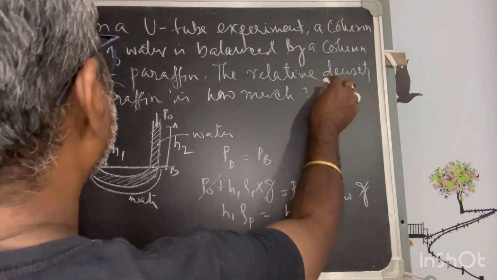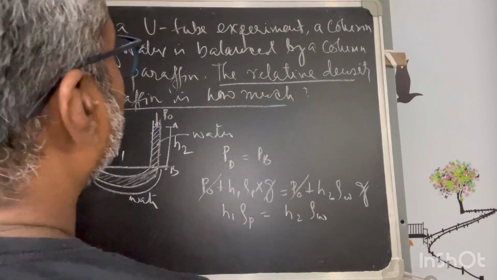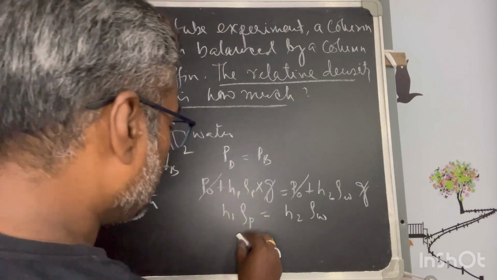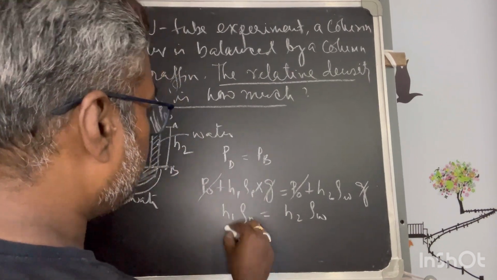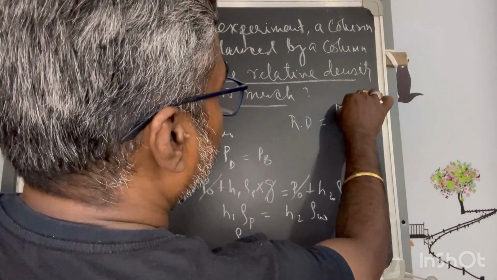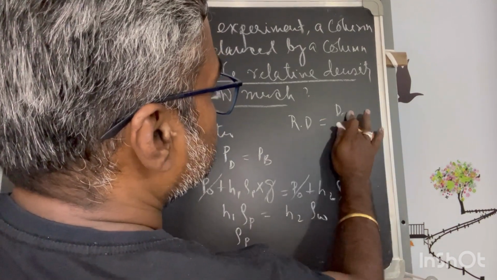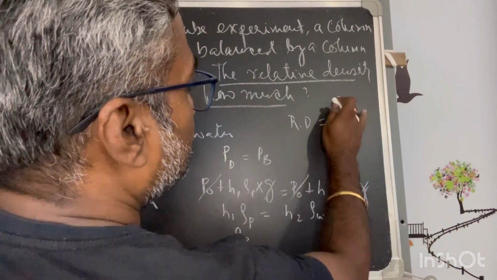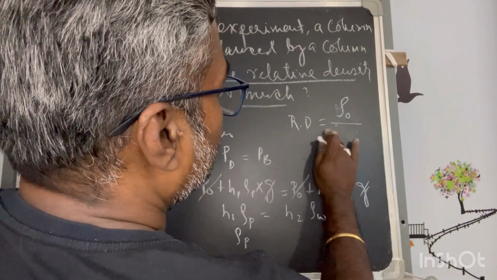Now the relative density of paraffin, that I have to find. The relative density of anything is the density of the object by the density of water, that is rho of the object by rho of water.